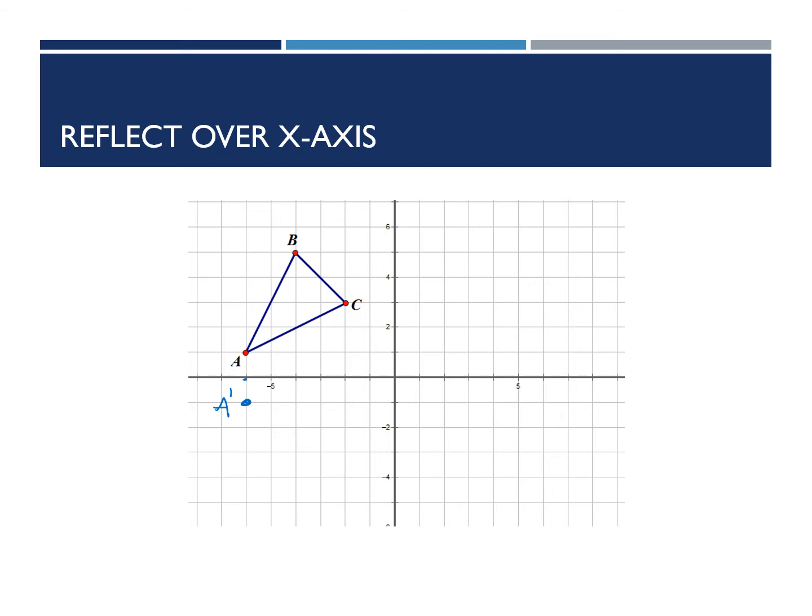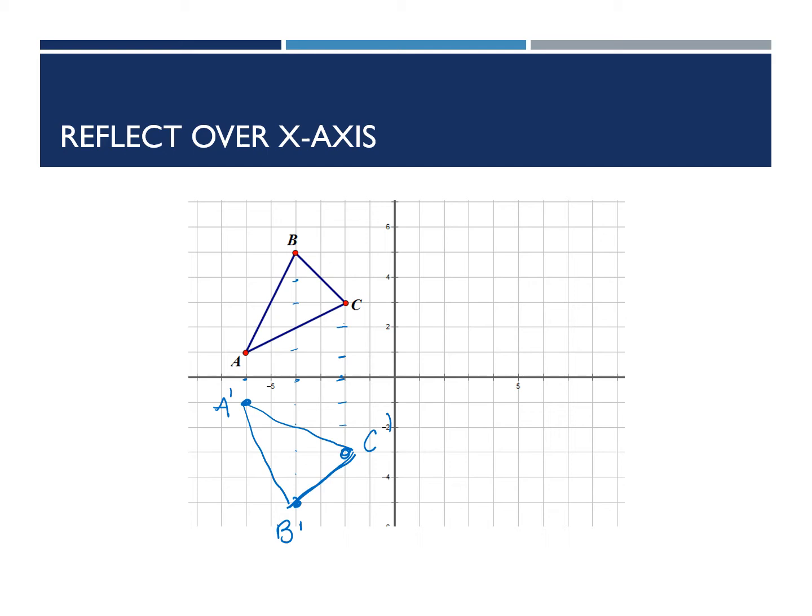For B prime, I go 1, 2, 3, 4, 5 places until I hit the x-axis, so I continue on 5 more places, and that's B prime. C is 3 spaces above the x-axis, so I go 3 places below the x-axis. And there is my image, and it's labeled.